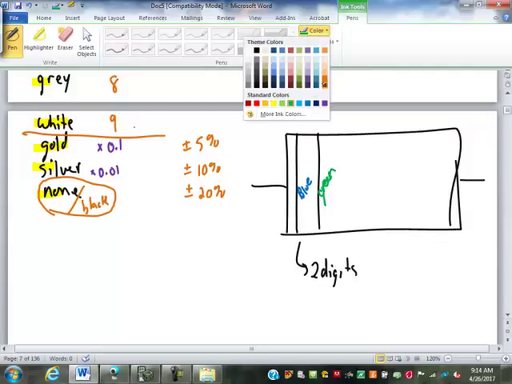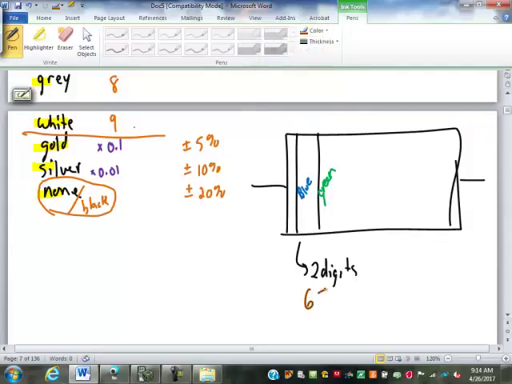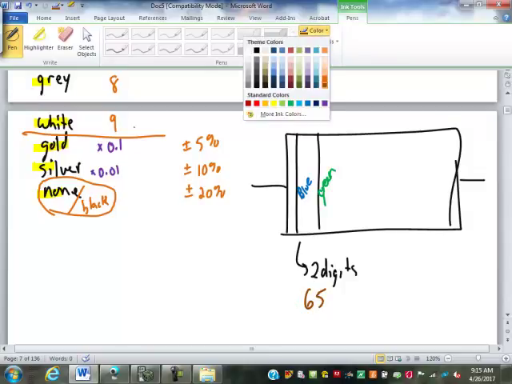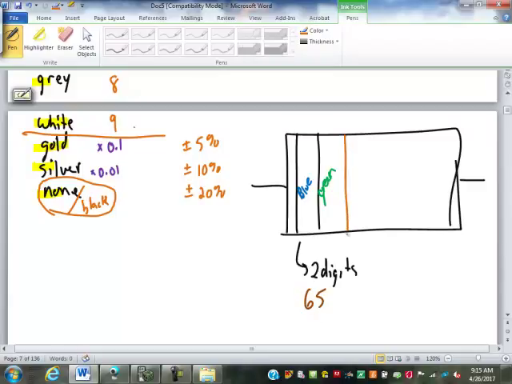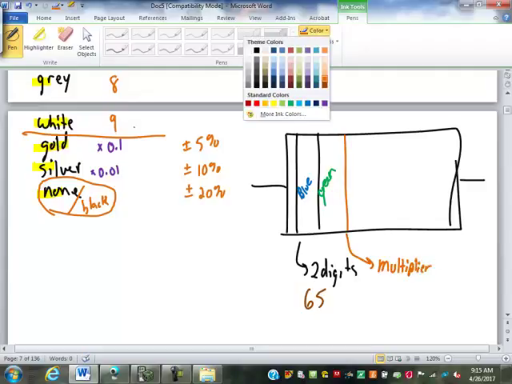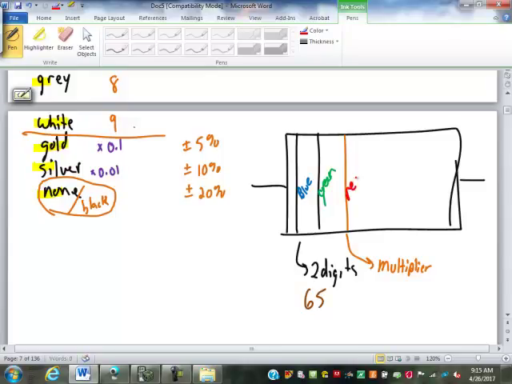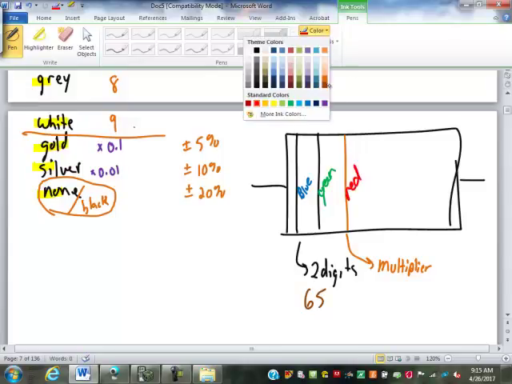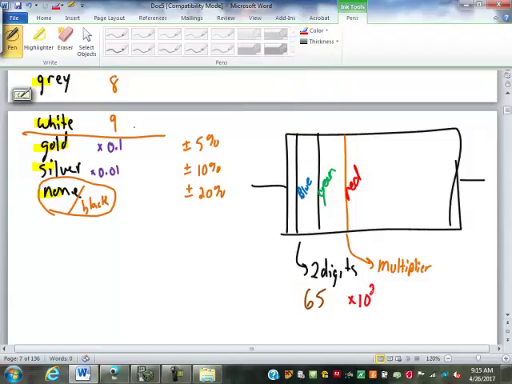Blue, of course, is 6 and green is 5. So that's 6, 5 is what those stand for. The third band is a multiplier band. Let's say that one on this resistor is red. Red is what number? 2. So that means times 10 to the 2.